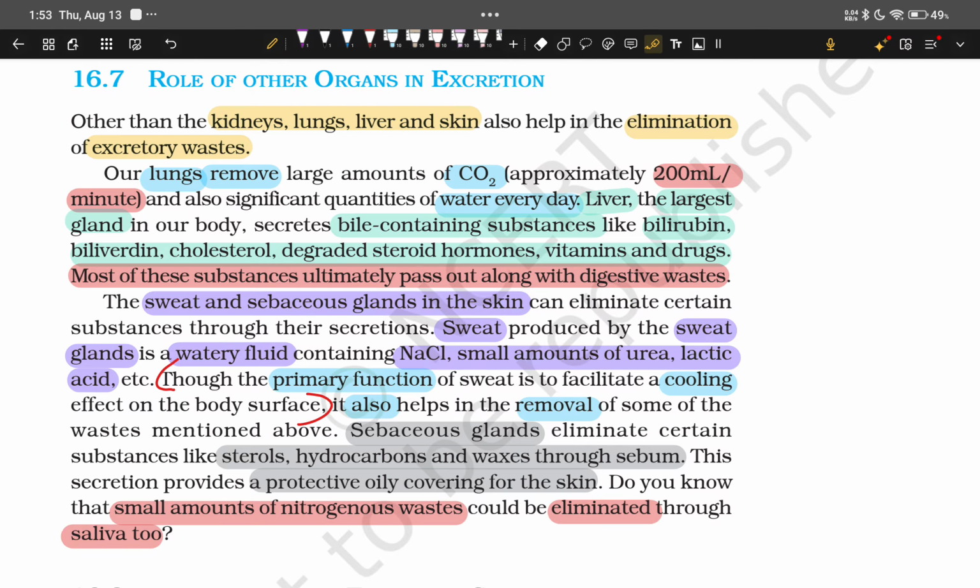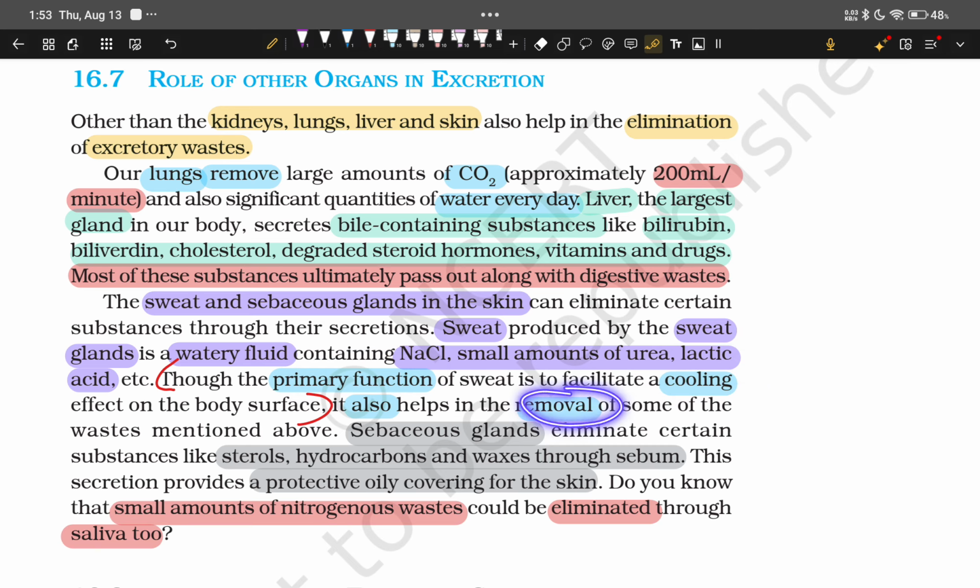Then we have sweat glands and sebaceous glands in the skin. First of all, these two glands are present in skin. Sweat is produced by sweat glands. It's a watery fluid. It contains sodium chloride, which is NaCl, then urea, lactic acid, etc. So these are removed by the sweat produced by sweat glands. But the primary function of sweat is cooling the body.